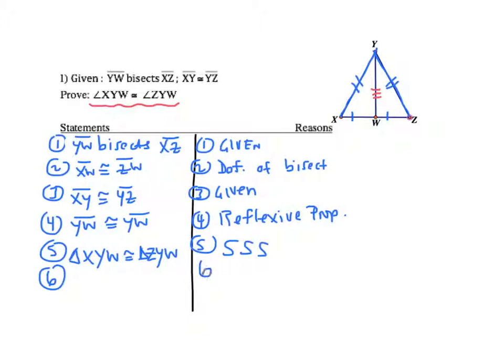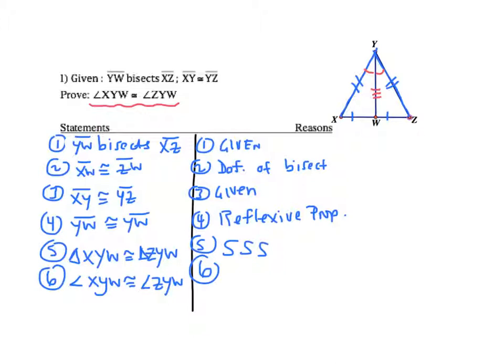And then as a result of this, we can say that angle XYW is congruent to angle ZYW. Those are the two angles here at the top of the picture, this angle congruent to this angle.